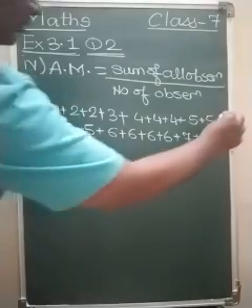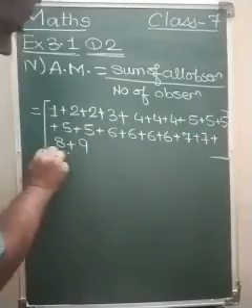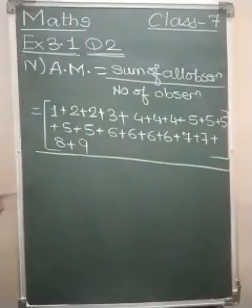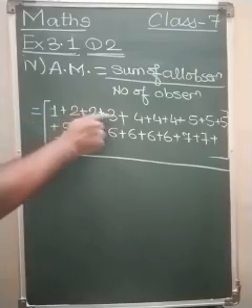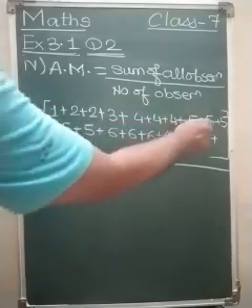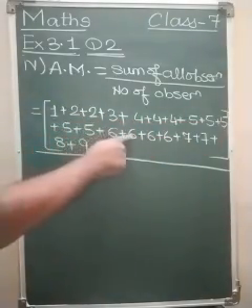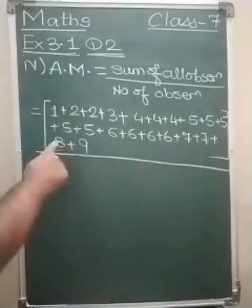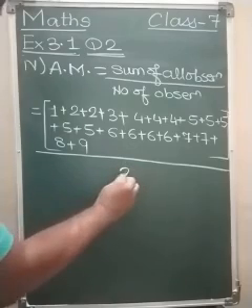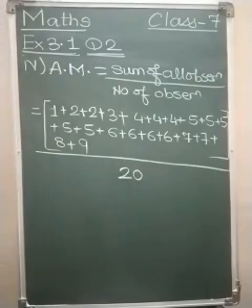This whole thing is to be divided by the total number of students: 1, 2, 3, up to 20, divided by 20. We just have to add it.